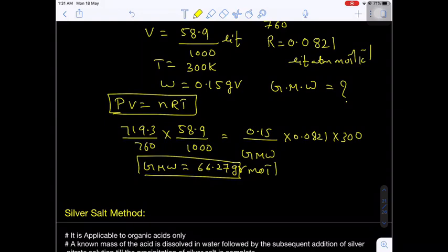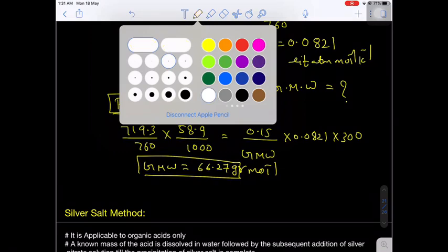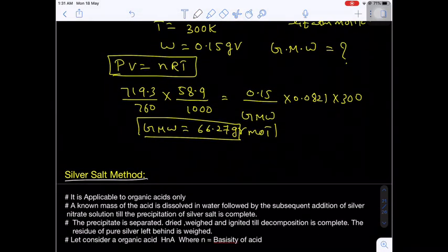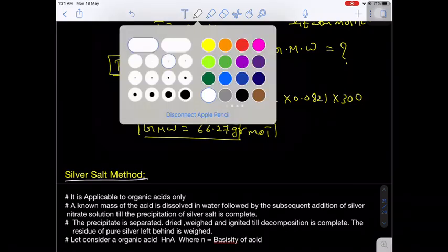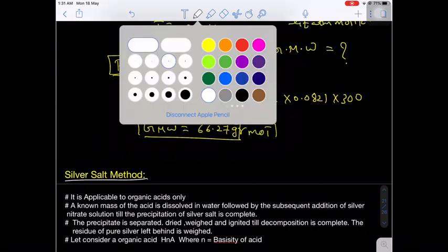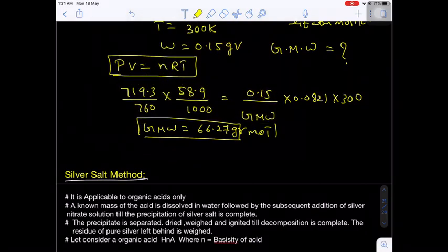Now next method is known as the silver salt method. In this silver salt method we can calculate the molar mass of organic acids only. This is the limitation.